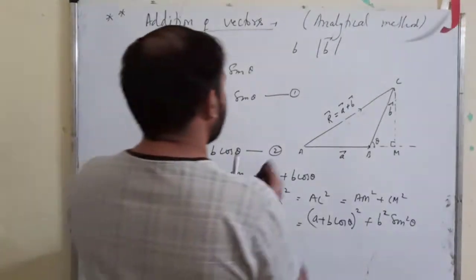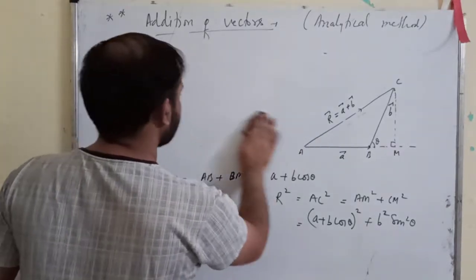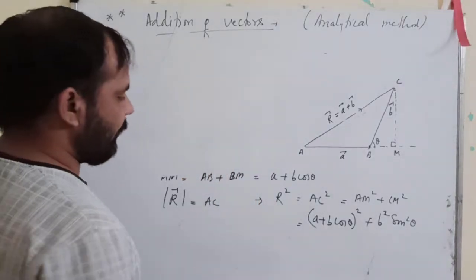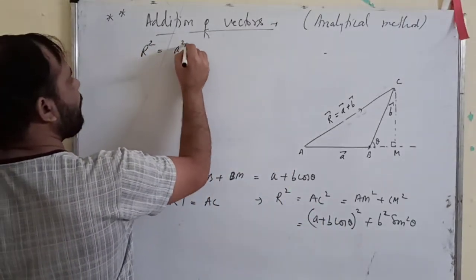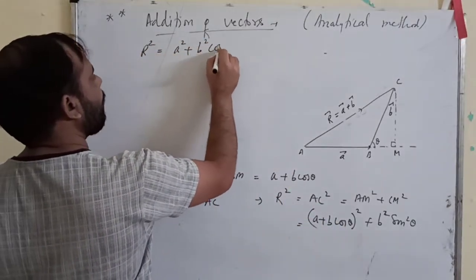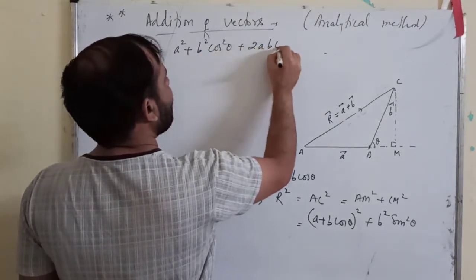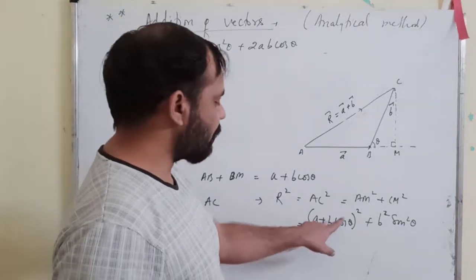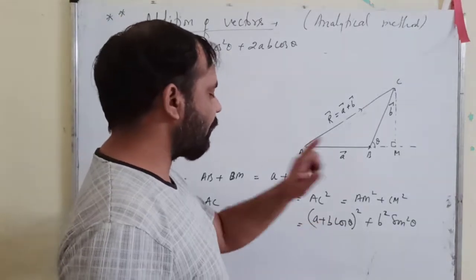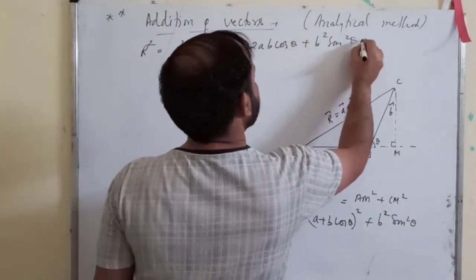So now I erase this part. Okay, so now A plus B cos theta whole square. R square equals A square plus B square cos square theta plus 2AB cos theta, plus B square sin square theta.